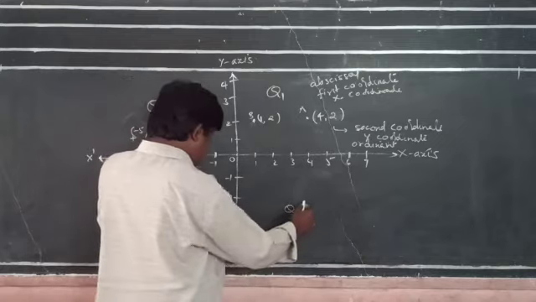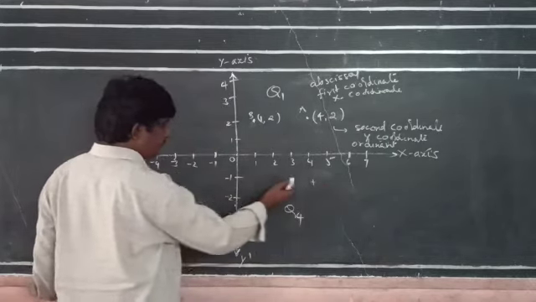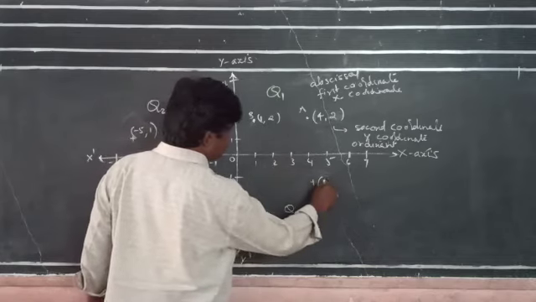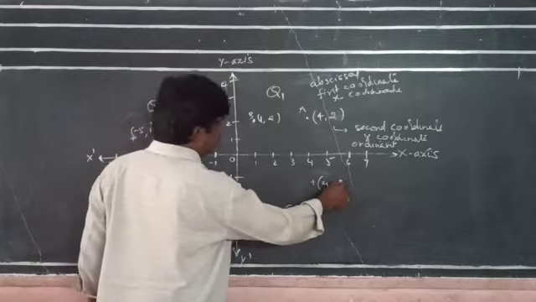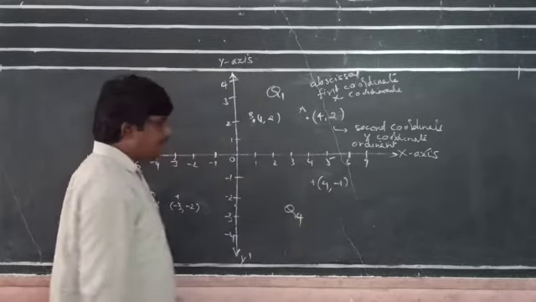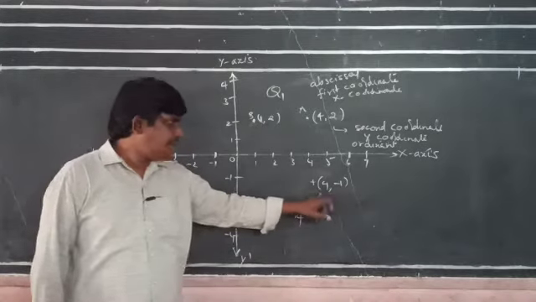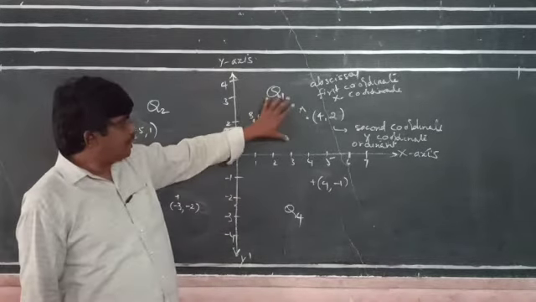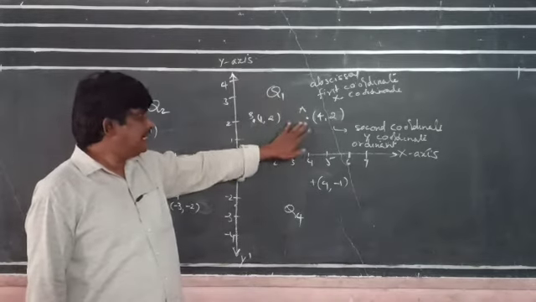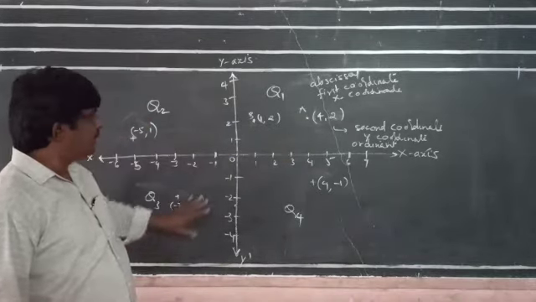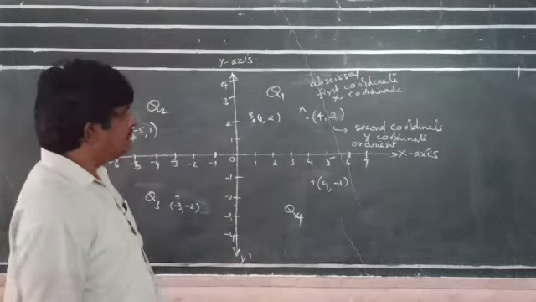Suppose I want to take this point. It is 4 units distance from the y-axis, and negative 1 unit distance from the x-axis, that is, positive 4 and negative 1. In this way, Rene Descartes gave addresses to each and every point on the plane; no two points have the same address.